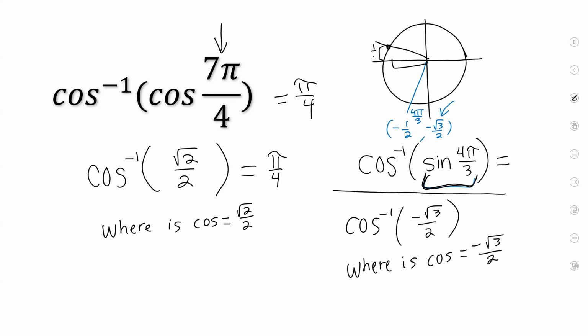So this is 1/2 for y, but this is square root of 3 over 2 negative. So that's this point right here, and that is 5 pi over 6. So that means your answer is 5 pi over 6. That is the angle at which cosine is equal to negative square root of 3 over 2. So this is your answer.